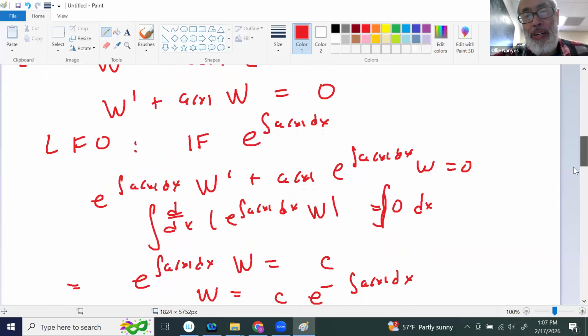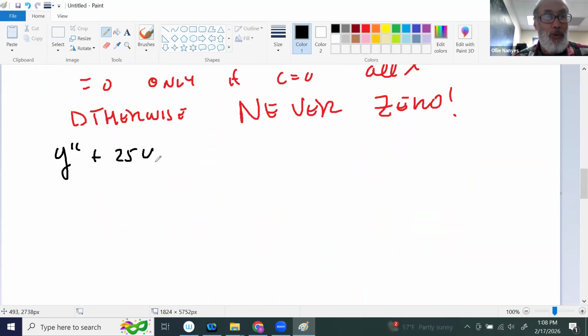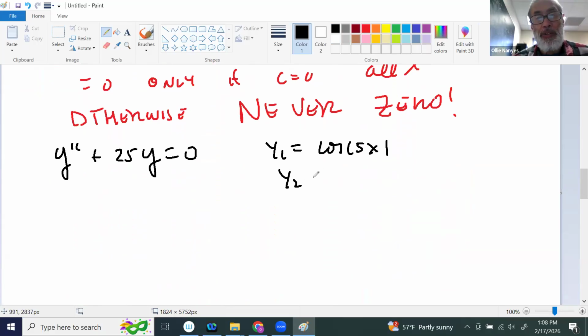And the way you might use that is, let's say you had the differential equation y double prime plus 25y is 0. And let's say you had y1 is cosine of 5x, y2 is sine of 5x.